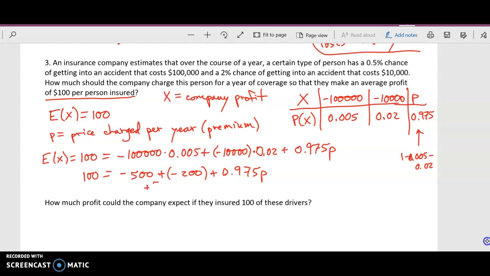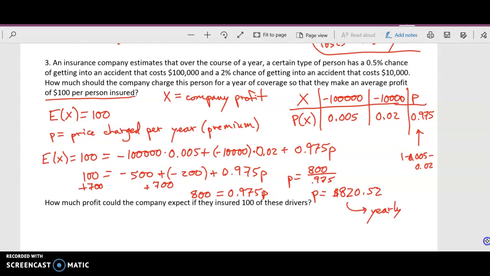If we add 700 to both sides, we get 800 is equal to 0.975p, and if we divide each side by 0.975, p is equal to 820.52. That's the yearly premium.